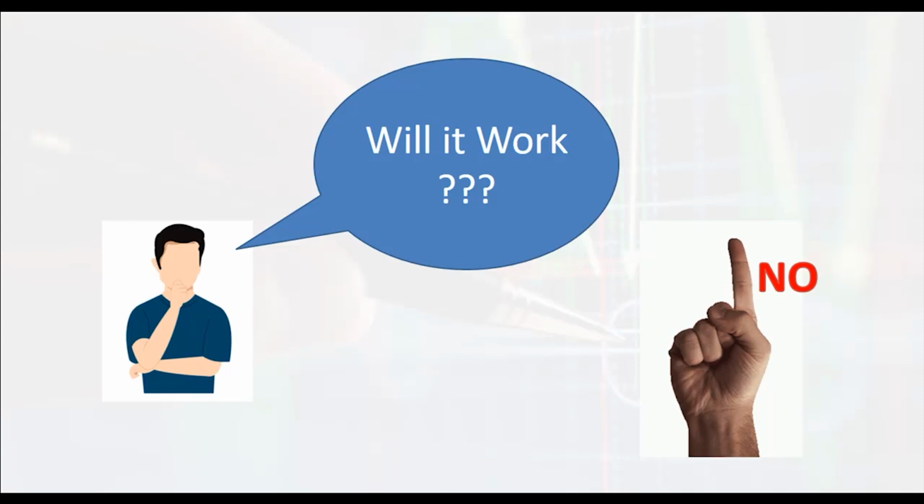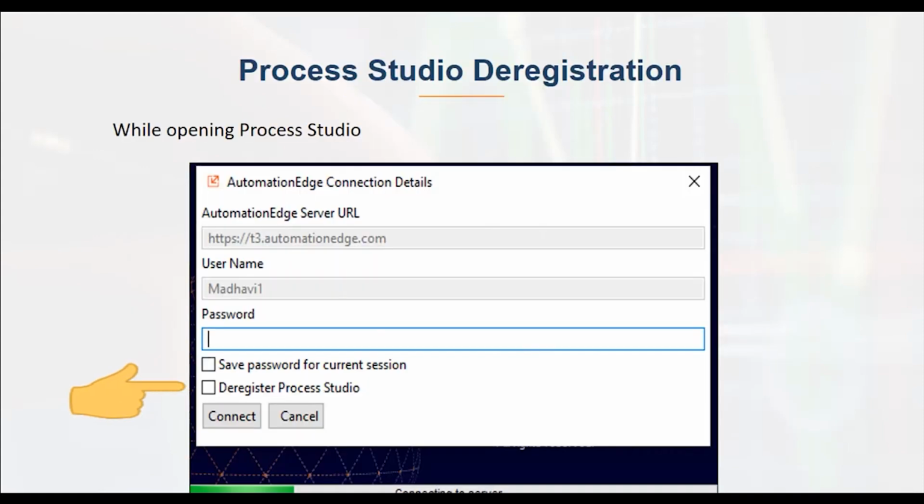So let's go ahead and see how we can deregister Process Studio. There are different ways of doing deregistration. The first way is, while opening Process Studio, the AutomationEdge connection detail dialog box comes up. On that dialog box, the deregister Process Studio checkbox is available. Check this checkbox and click on connect.